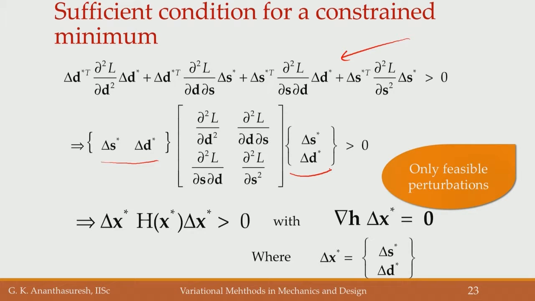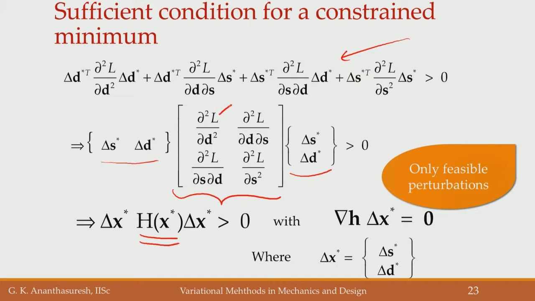Which way you partition does not matter now, because they came together. What we should notice is this matrix, that is dou square L by dou d square, dou square L by dou d dou s and all that. This is nothing but the Hessian, because whichever way you partition d and s does not matter, it basically becomes the Hessian of the Lagrangian.